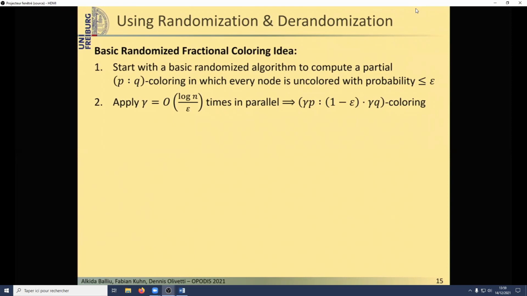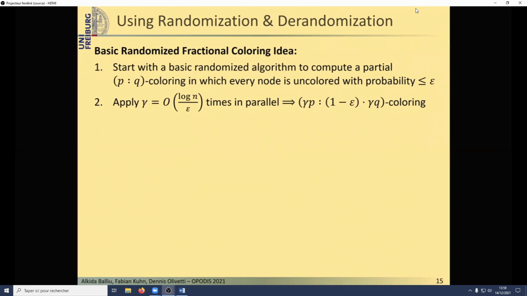I can just apply the algorithms multiple times in parallel. Like this, I just multiply, right? I increase the number of colors, but I also increase the number of colors each node gets. So the ratio remains the same. So if I apply it gamma times, and I choose my gamma as log n over epsilon, now every node is colored in a 1 minus epsilon fraction of all the colorings with high probability.